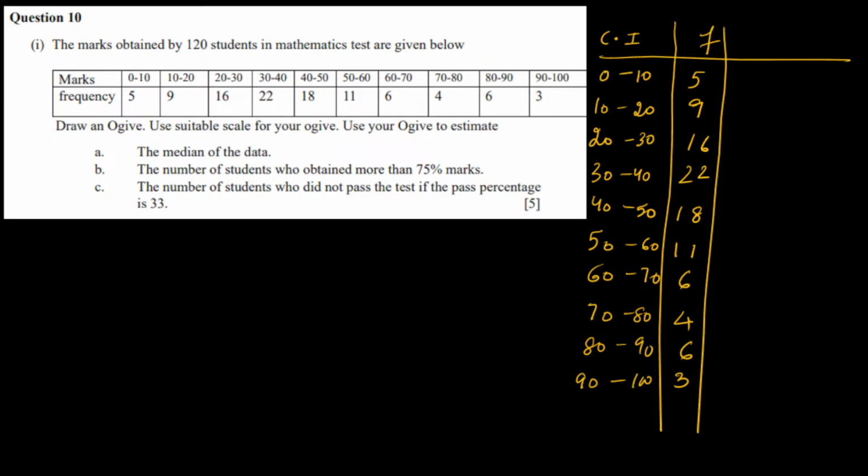What we have to find? Do we have to find class mark for this one or cumulative frequency? In ogive, what do we need? Do we need class mark or cumulative frequency? Tell me fast.